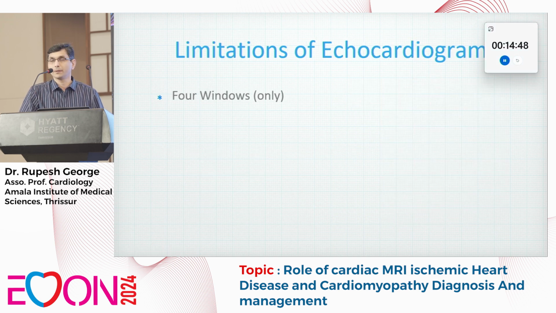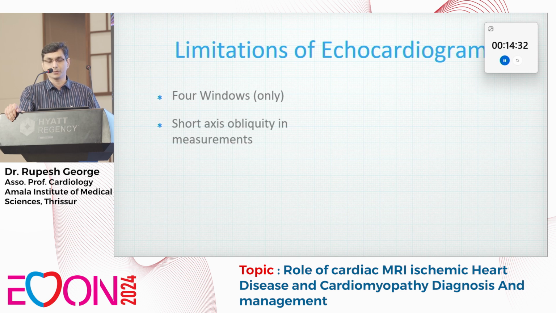As a cardiologist, the most easily available and most commonly used imaging modality is echocardiogram. But we know there are a few limitations, because echo has got 4 windows only because of the lung and the chest wall and its particular position.